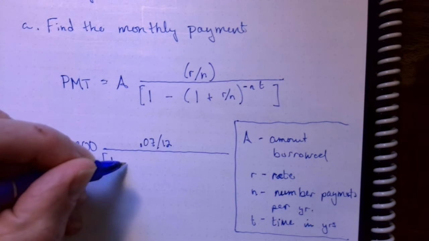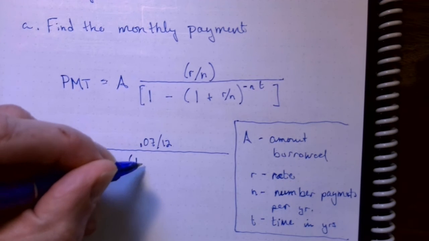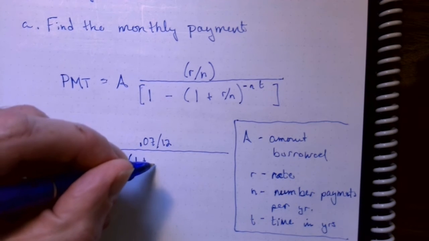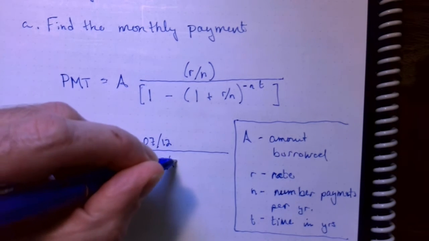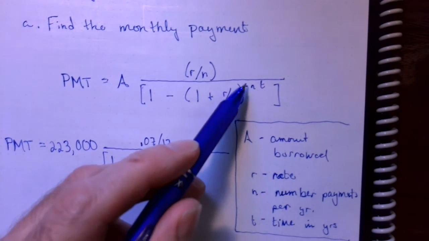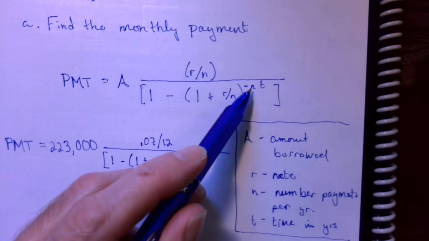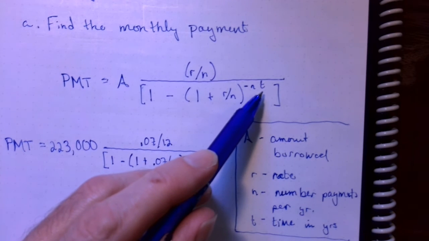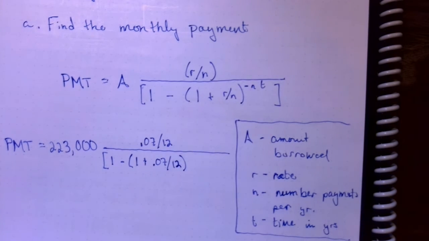And then 1 minus 1 plus 0.07 over 12. And now for my exponent. Notice N is 12, and T is the time for the mortgage in years. This is a 25-year loan. 25 times 12 gives me 300.